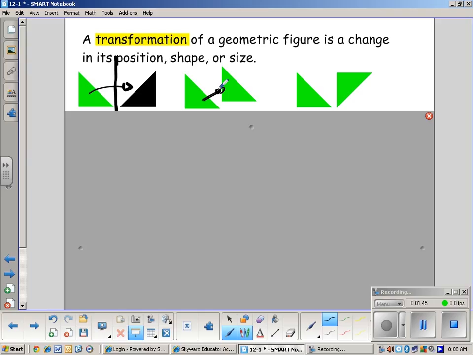It was flipped over, and it was moved. We didn't just flip it over this way. We flipped it over this way, and then we slid it up to get over here. So a couple things have happened to that one.